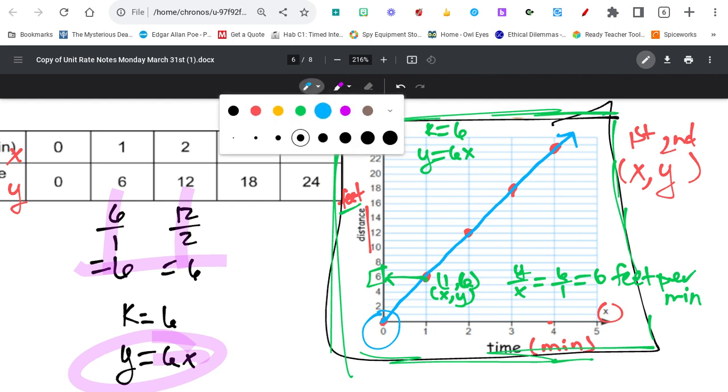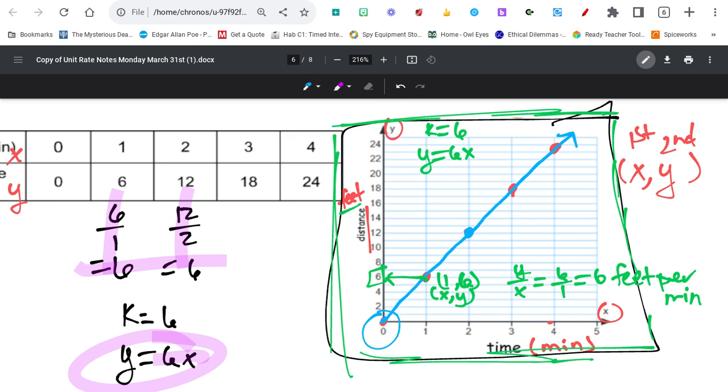All right, on this one, this point right here has an x of 2 and a y of 12. So I can do y divided by x. 12 divided by 2 is also 6. You could have chosen any point.